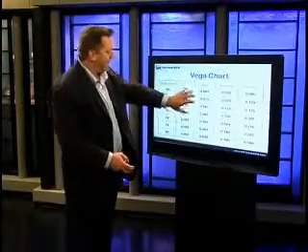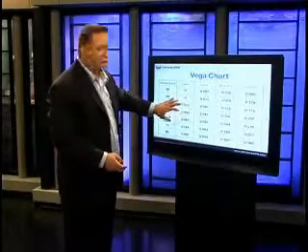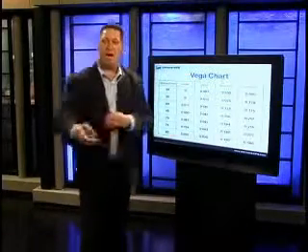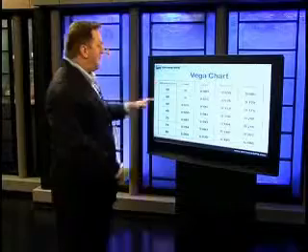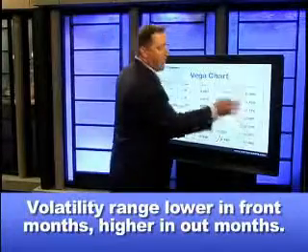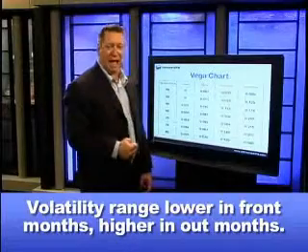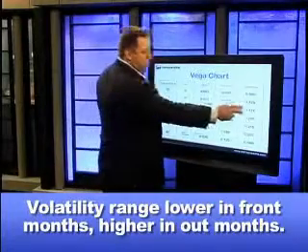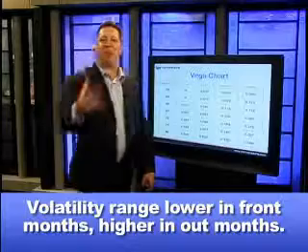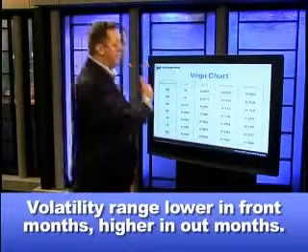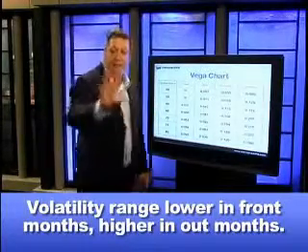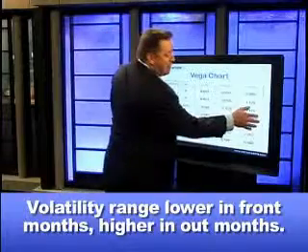And as the time decreased and we got closer to expiration, that range would constantly tighten. That means the more time that's there, the more effect volatility has. And if that's true, then these options will have more of a sensitivity to movements in volatility from a dollar standpoint in the out months.